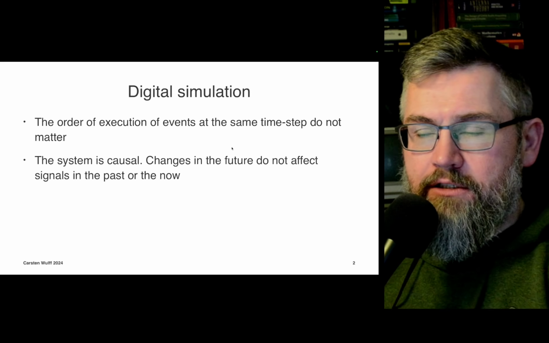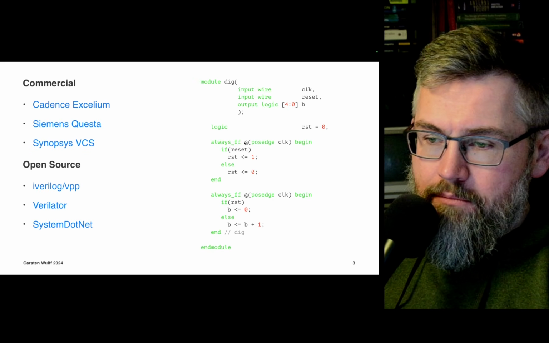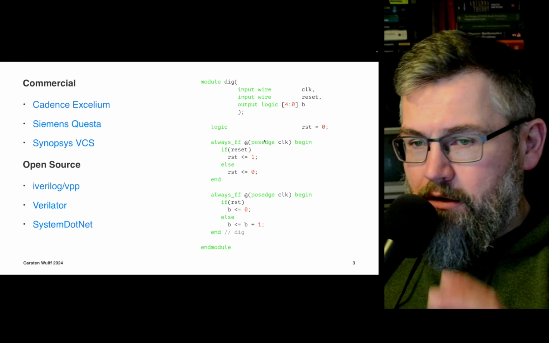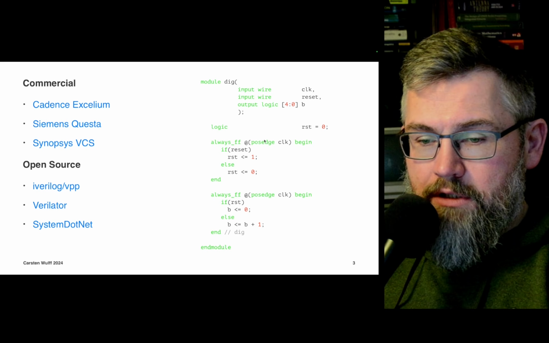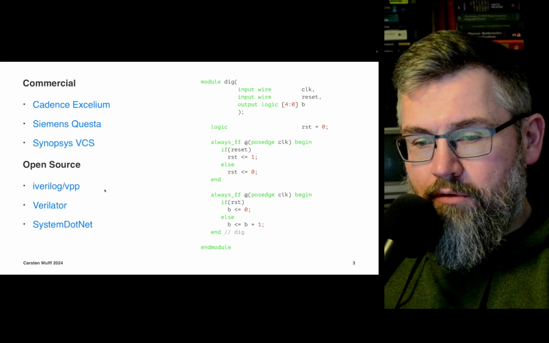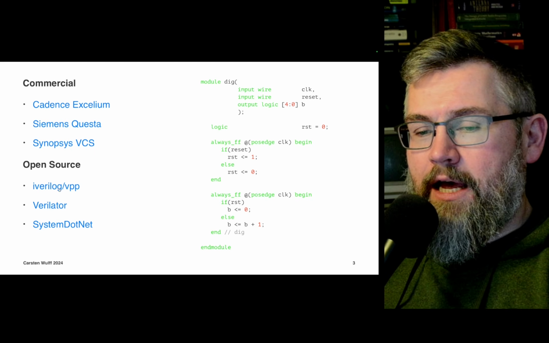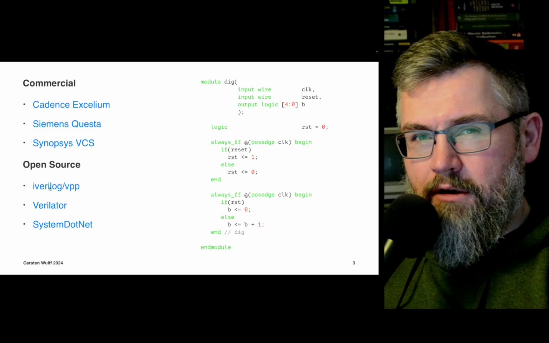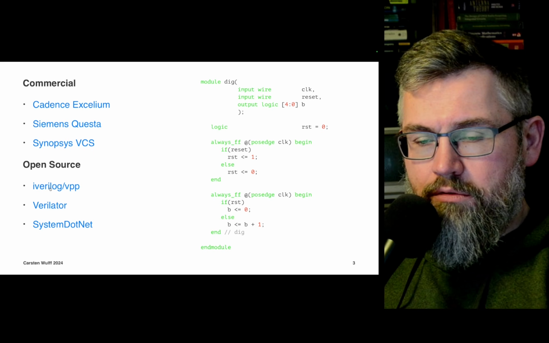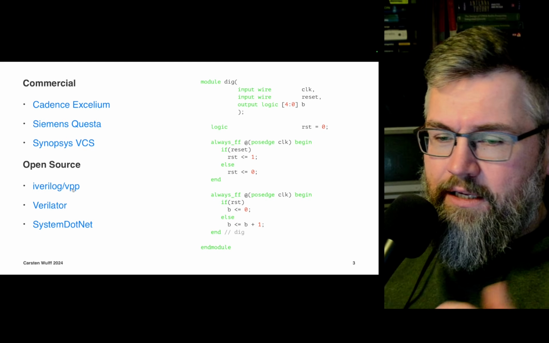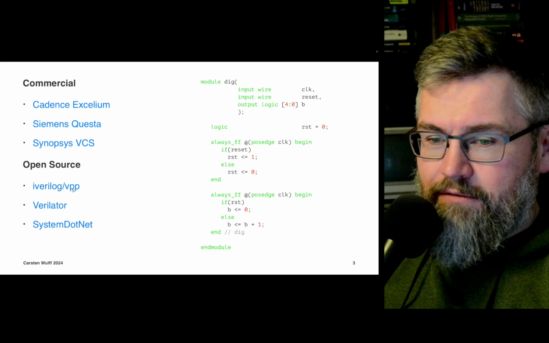With this simplification of the real world, it is possible to simulate very complex systems. There are many commercial digital simulators, but there are also a couple of open source ones. You have iVerilog, which is the one you would use. I think iVerilog is actually the compiler, and the VVP is the stuff that runs it.